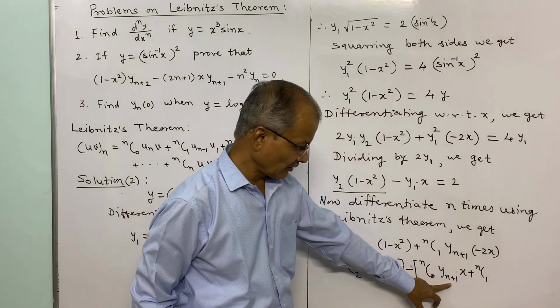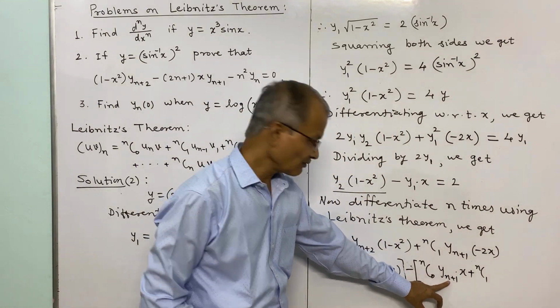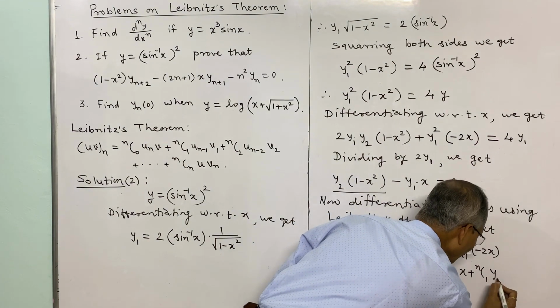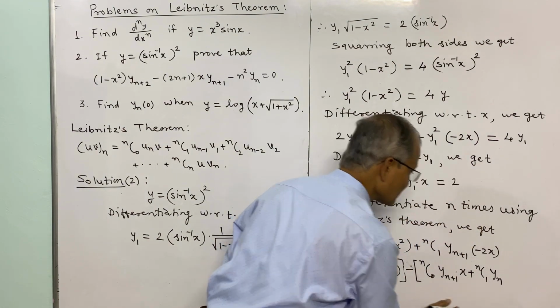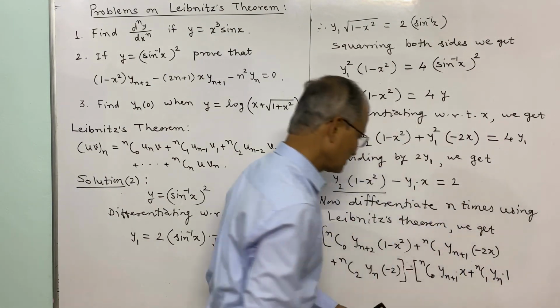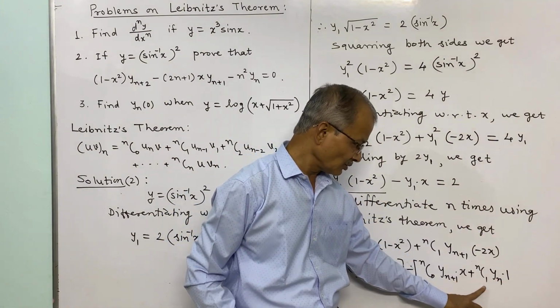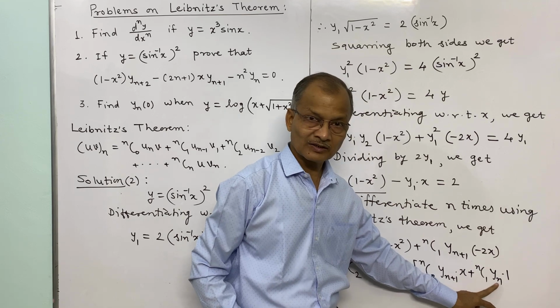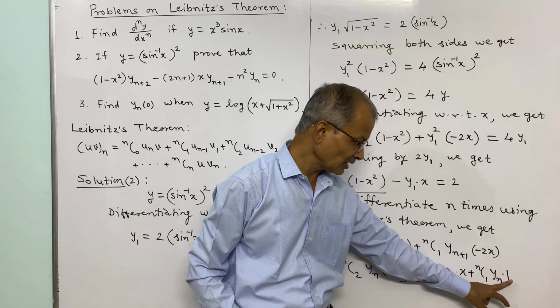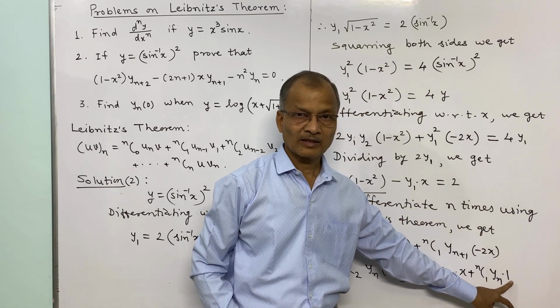decrease the order of the derivative here, that means it will be the nth derivative of y, and derivative of x, that is 1. So this is our next term. So what will the further term be? n choose 2, y n minus 1, decrease the order of the derivative of the first function and take the derivative of second, that is 0.